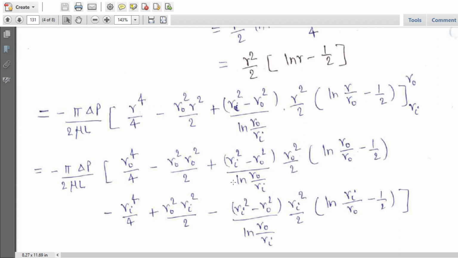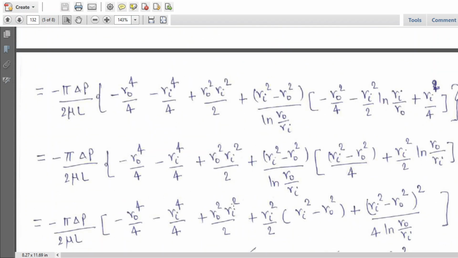Now this looks big, so we can arrange it. This is r0 to the power 4 by 4, this is r0 to the power 4 by 4, this is again r0 square. This term will get cancelled, ln 1. And this is minus ri to the power 4 upon 4. This needs a lot of arrangement.